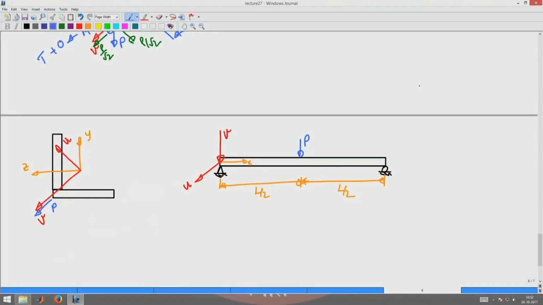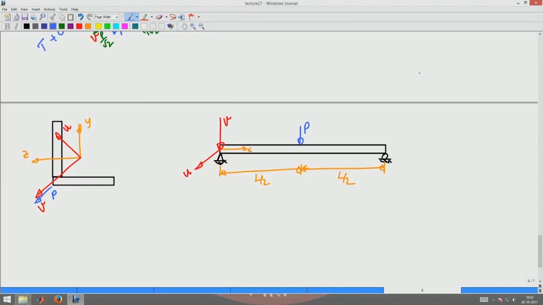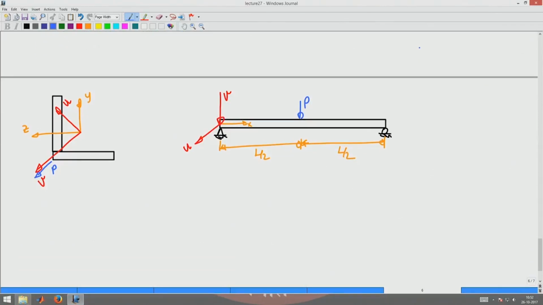Next, we will move on to the next case where we are loading only about one of the principal axis V. Okay. In this case again, let's first go from back now. The moment that will be produced is only the Mu moment.